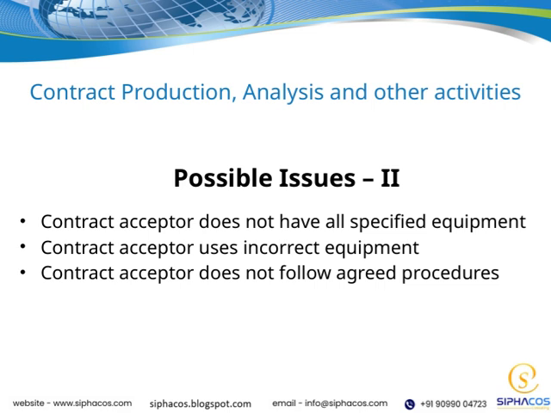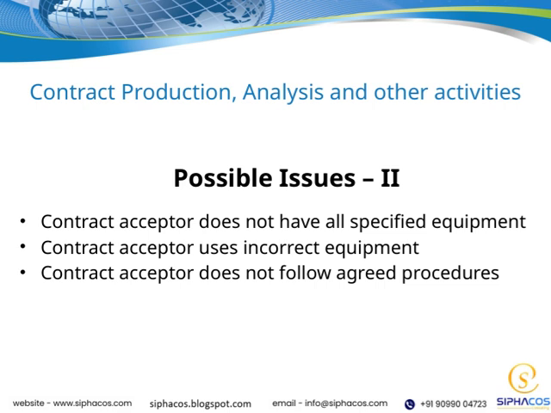Another point to watch out for is when the contract acceptor does not follow the agreed procedures. Procedures are in place for safety, quality, and consistency, so deviations can lead to serious problems, including noncompliance or safety hazards. Finally, issues can also occur in contract production, analysis, and other activities if these steps are not executed properly.